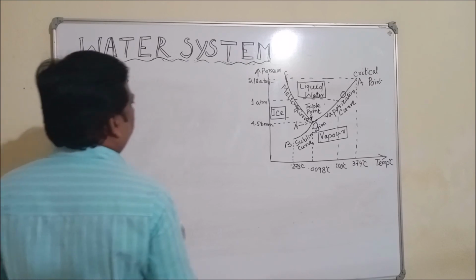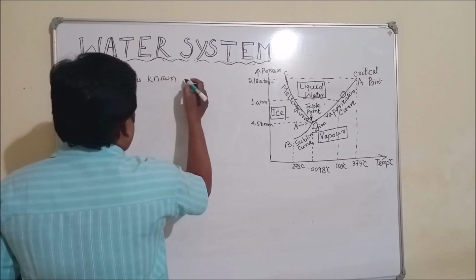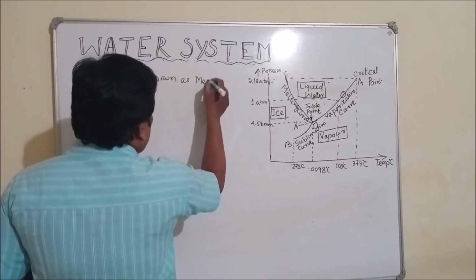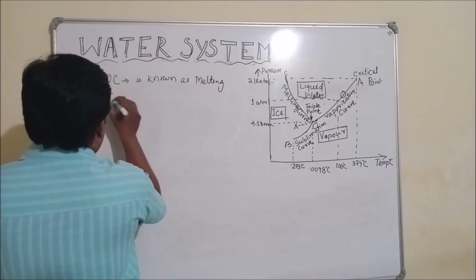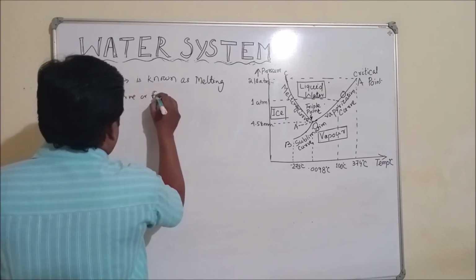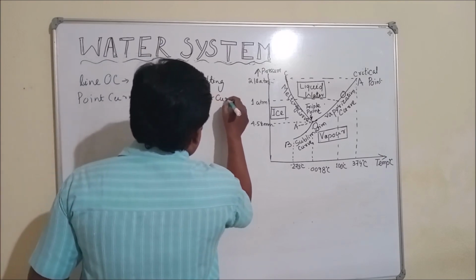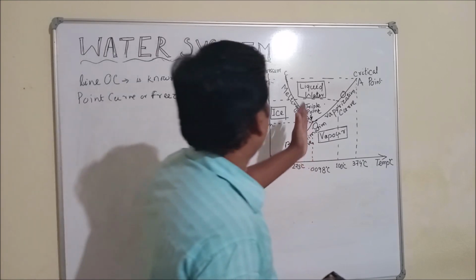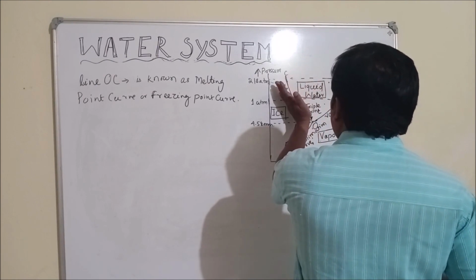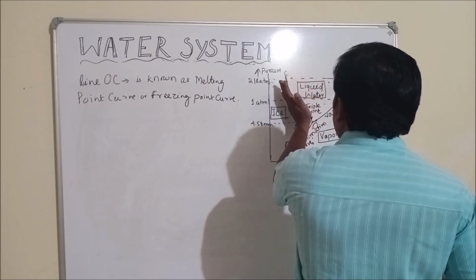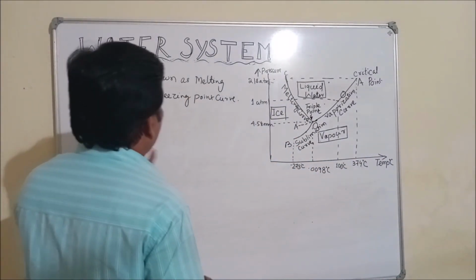Now line OC is known as the melting point curve or freezing point curve. Because if we go below this line, water will freeze to ice. If you go above this line, the ice will melt into water. So it may be called either melting point curve or freezing point curve.